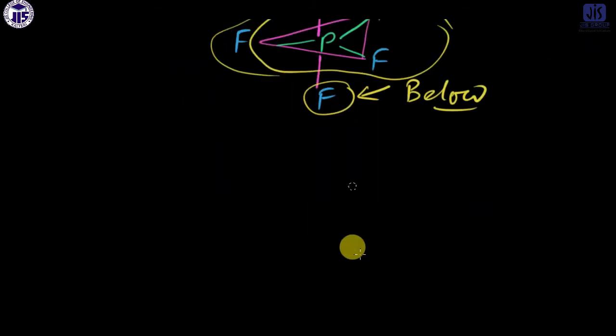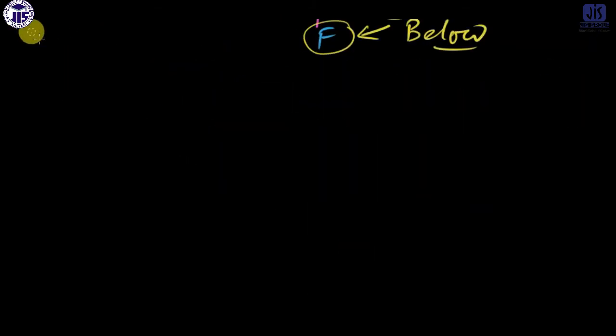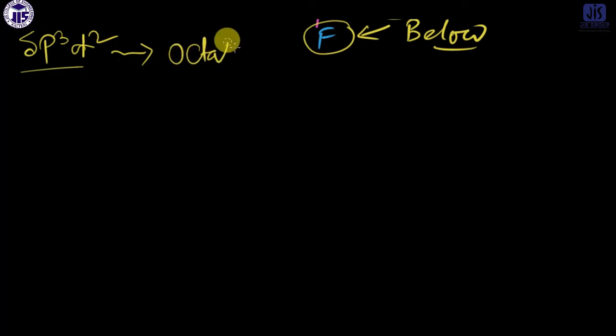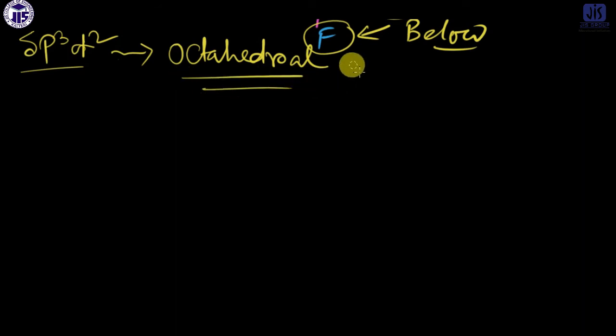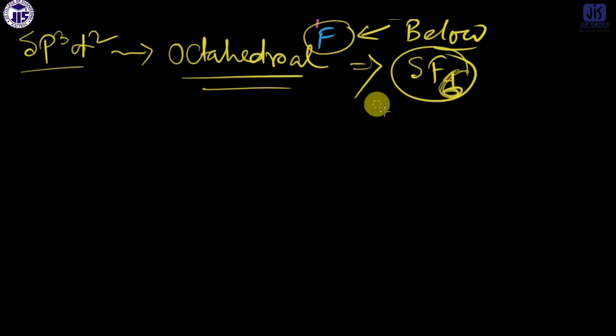Now if it is sp3d2, then the name of the structure is octahedral. For example, SF6 is the most common example. How does it look?